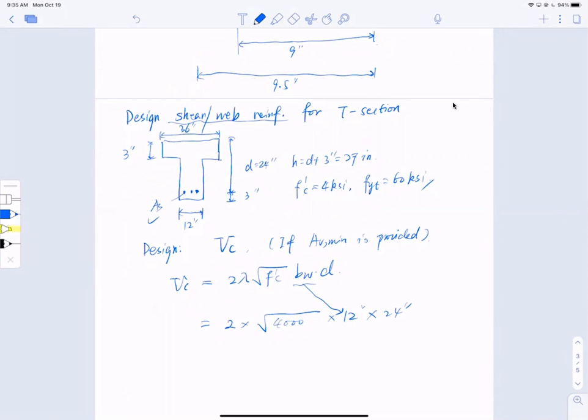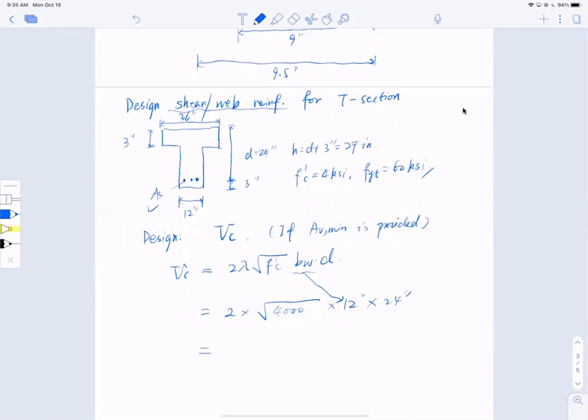Brett, are you there? Can I get a number on this? 2 square root of 4,000, 12 inch, 24, what you got? 36,429.4. Can you convert to kips?